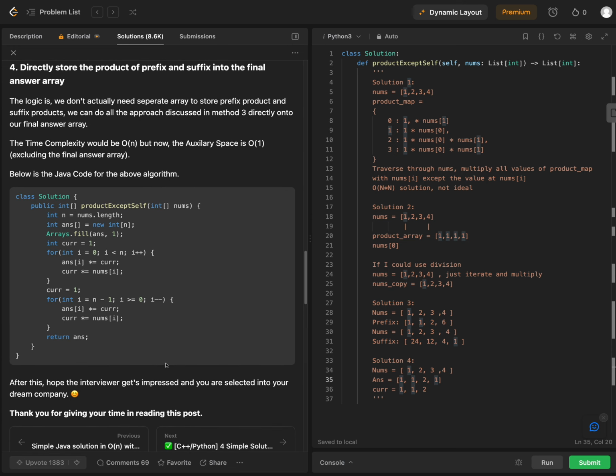Let's trace this algorithm. We have nums equals 1 2 3 4, answer equals 1 1 1 1, and then we have index I equals to 0, right? So I is here, we're looking at this and this.